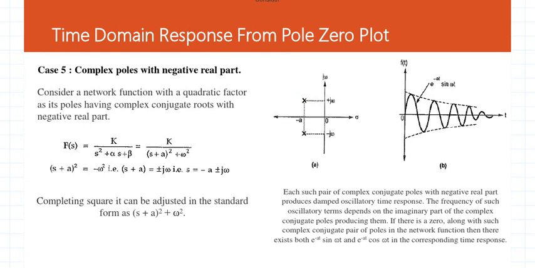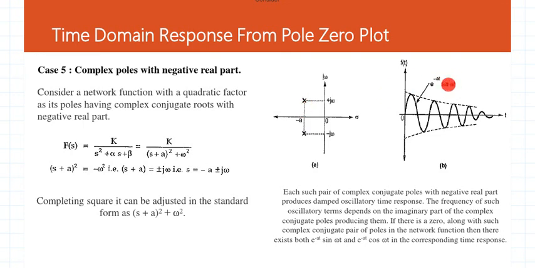Now these poles have some negative real part and therefore they lie completely in the left half of the S-plane. So what would be the time domain response of such poles, which are lying in the left half of the S-plane and are complex conjugates of each other? As per the previous analysis, complex conjugate poles result in a sine waveform.